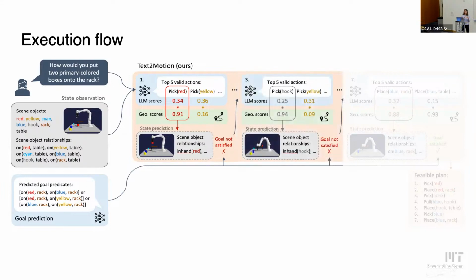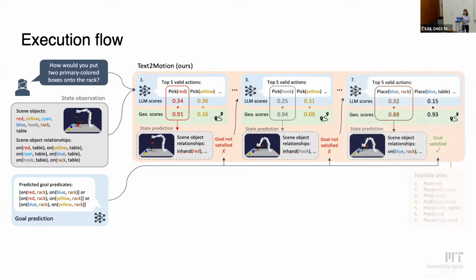To the prompt, we always attach what has actually been done, and then keep doing the scoring, use the dynamics model to predict forward how the geometric state evolves, and check if the symbolic goal is satisfied or not. And we do that until either the goal is satisfied or we run out of max depth for the beam search. And if this is successful, this would be the feasible plan that this system came up with.